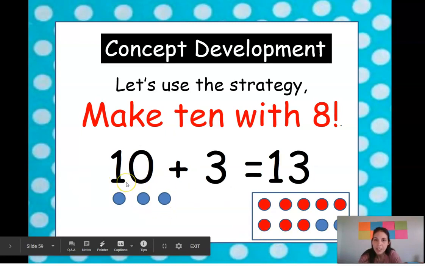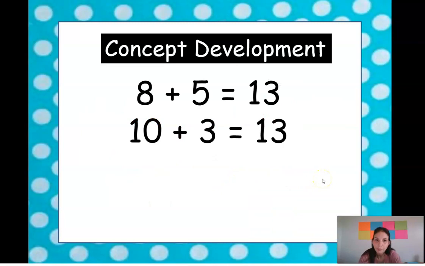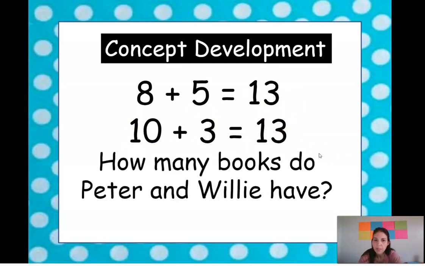So our equation is now 10 plus 3 equals 13. So we said 8 plus 5, and then we went to 10 plus 3, and they both have the same answer. How many books do Peter and Willie have? 13 books.